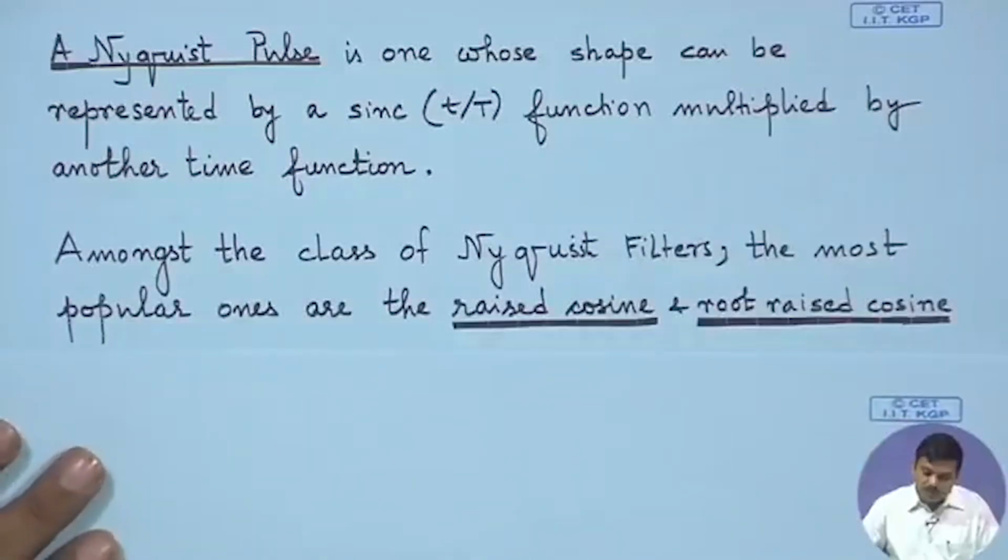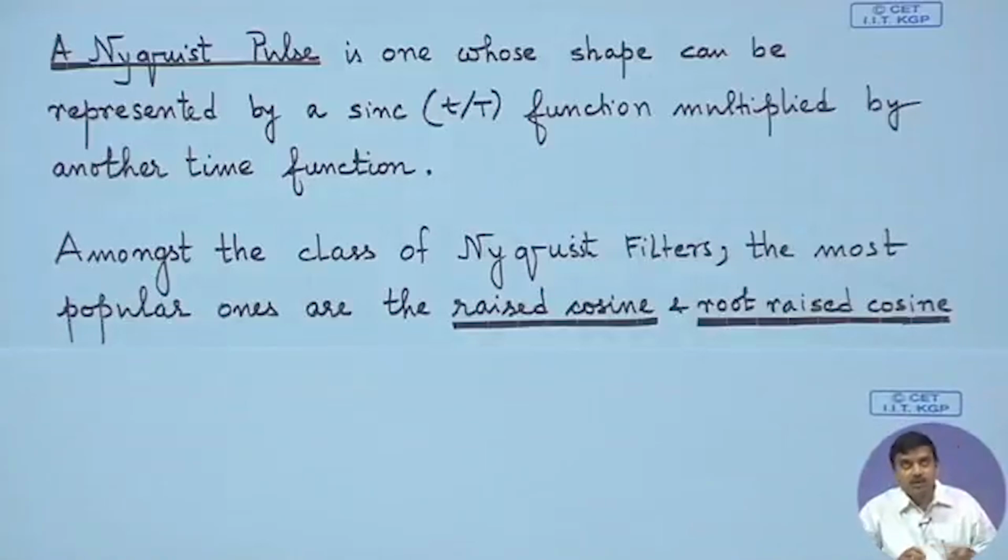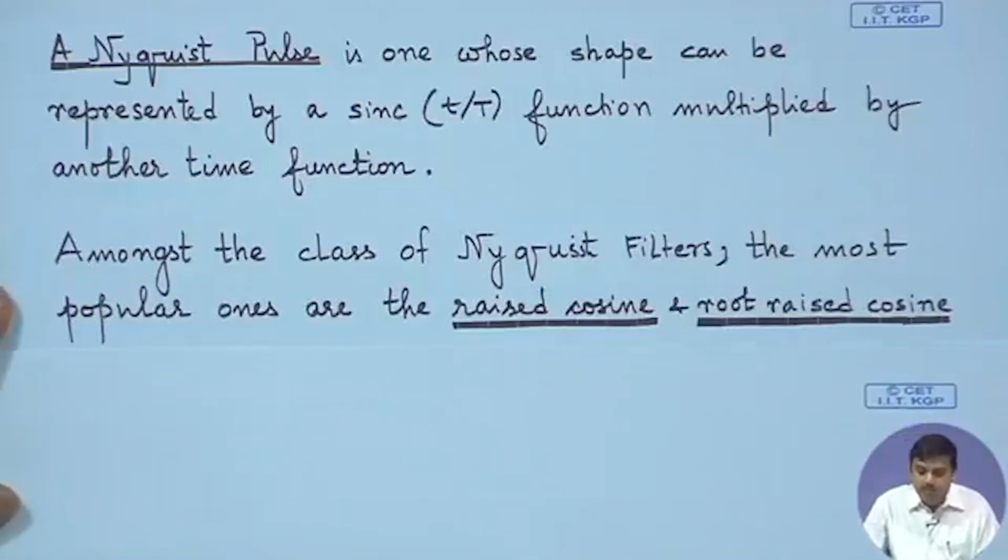So, amongst the class of Nyquist filters, when we say the class of Nyquist filters, what we mean is all those filters for which the frequency response is the Nyquist frequency response convolved with any other frequency response of choice, which would mean if I look at the time domain, the Nyquist pulse multiplied by the pulse of that particular new pulse shape which I am concerned with. This way we are going to produce 0 ISI at the sampling instants of time, which is our desire.